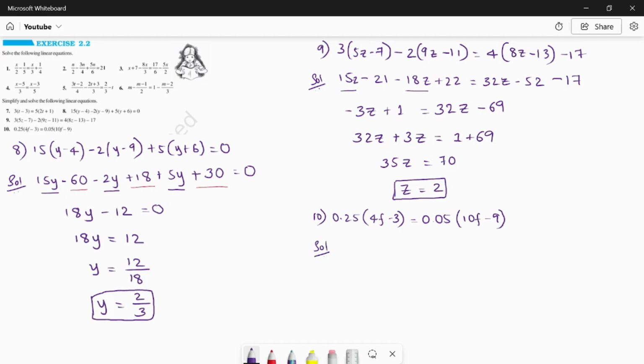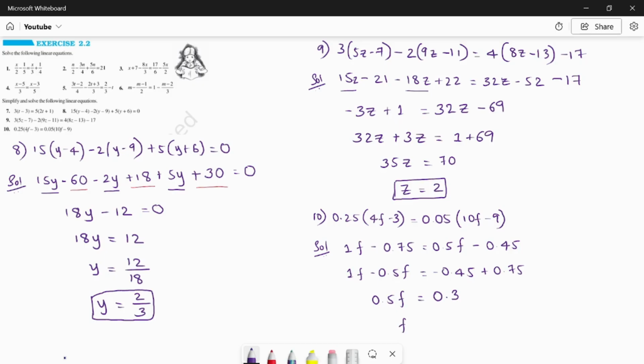Here 0.25 into 4 is 1f, minus 0.25 into 3 is 0.75, equals 0.05 into 10 is 0.5f, minus 0.05 into 9 is 0.45. 1f - 0.5f is equal to -0.45 + 0.75. 0.5f is equal to 0.3.